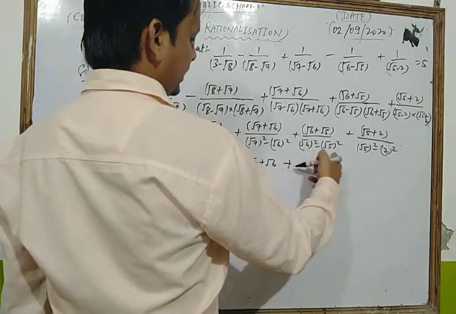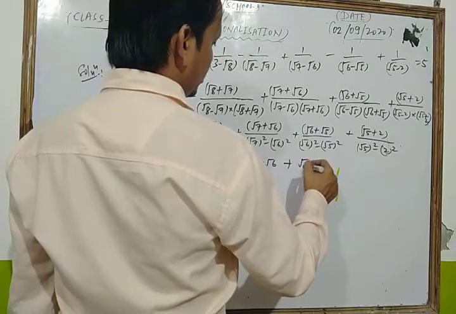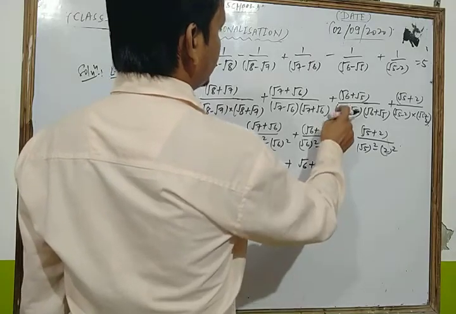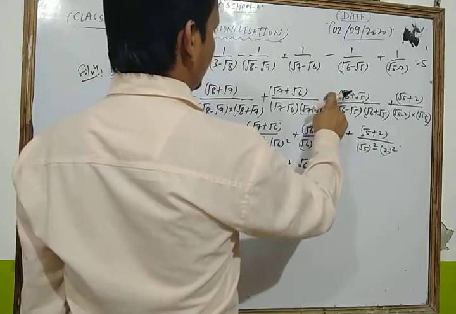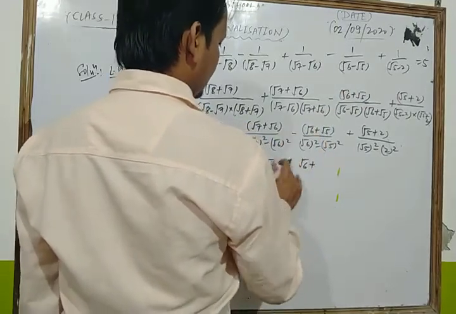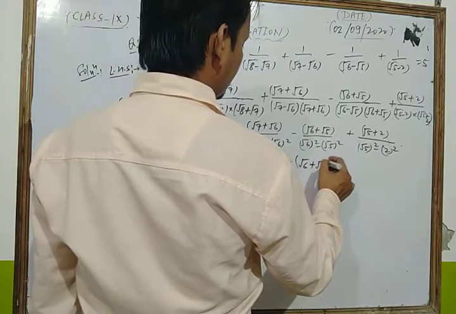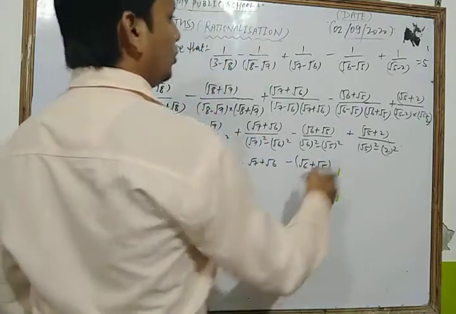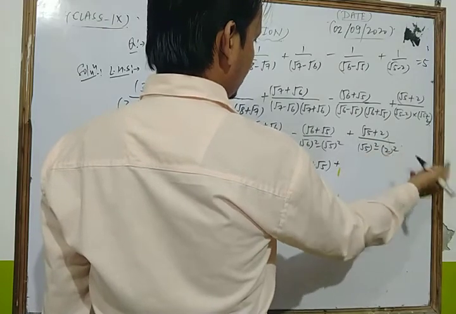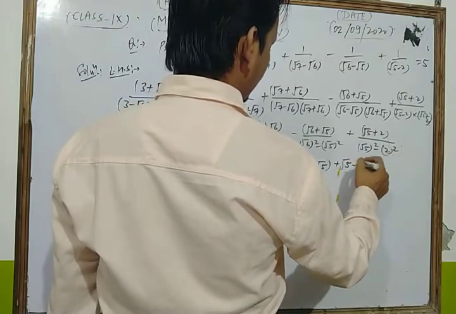Here that is also 1, so we get only root 6 plus root 5. Here the sign is minus, so we write root 5 plus root 6 with its sign. Now root 5 square is 5, 2 square is 4, 5 minus 4 is 1, so we only get root 5 plus 2.